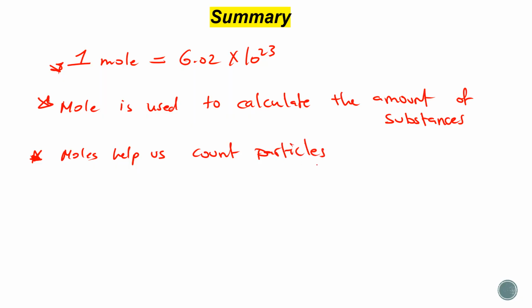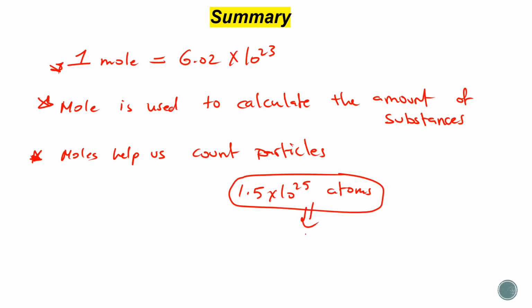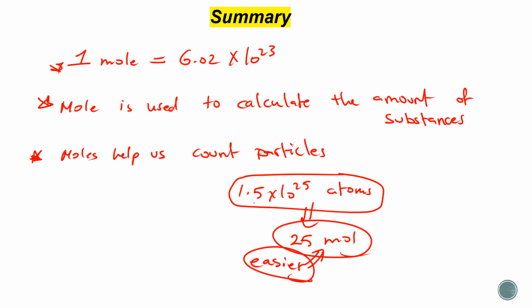Instead of saying that we have, for example, 1.5 times 10 to the power 25 atoms, instead of saying this big number, if we convert it to moles, we can just say that we have 25 moles, so it's easier. It's easier to say moles instead of this number of atoms.